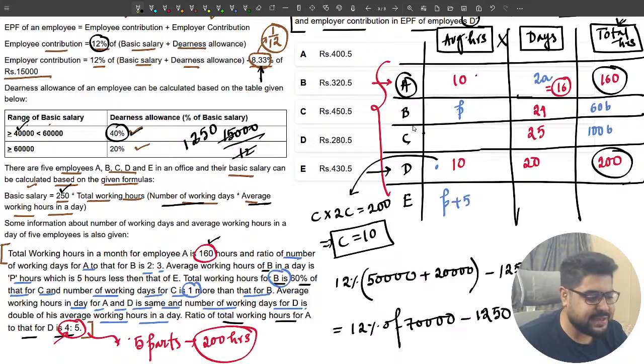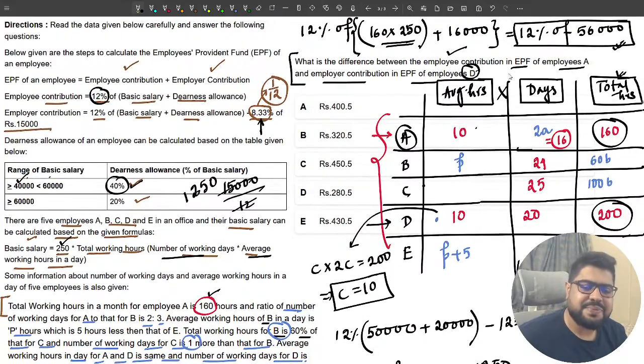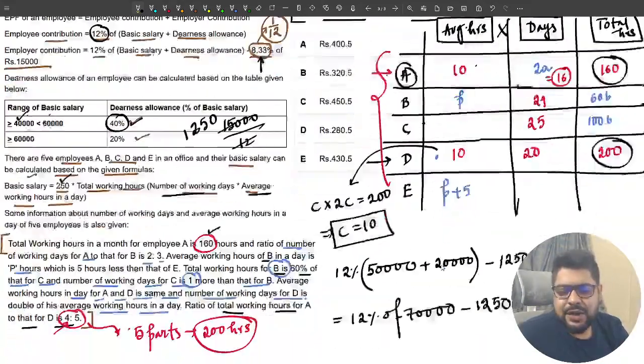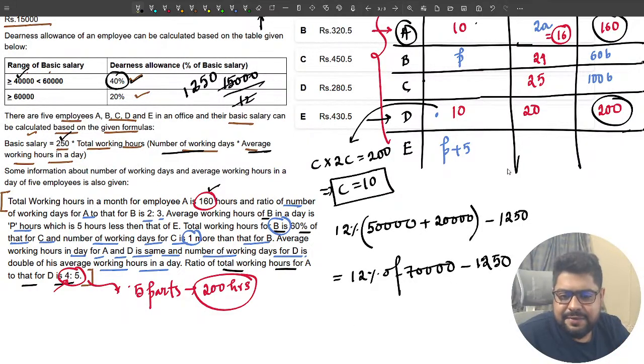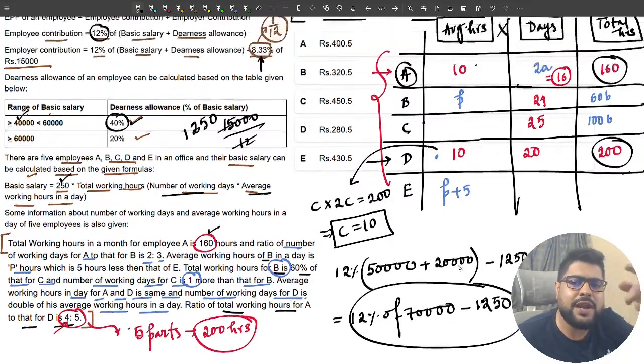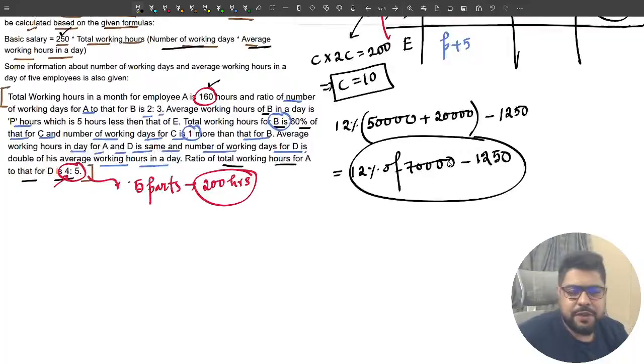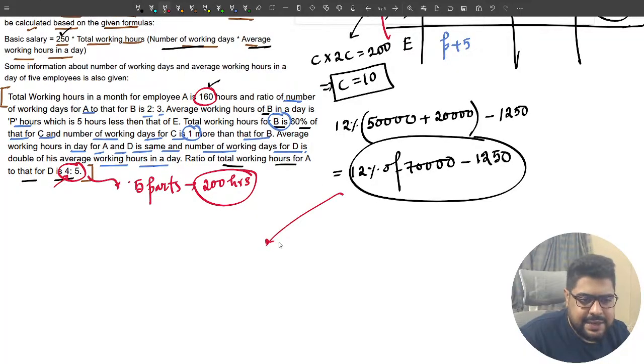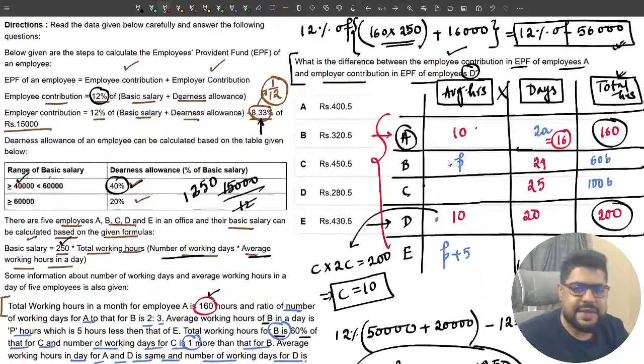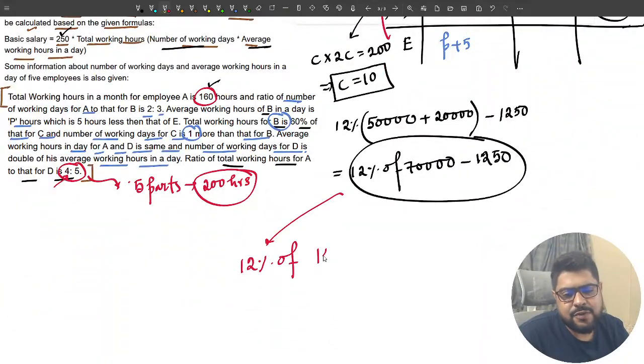I hope you guys can see this. Now, the difference will be this bigger value, 12% of 70,000 minus 1250, minus 12% of 56,000. So I can rewrite it as 12% of (70 minus 56), that is 14,000, minus 1250.